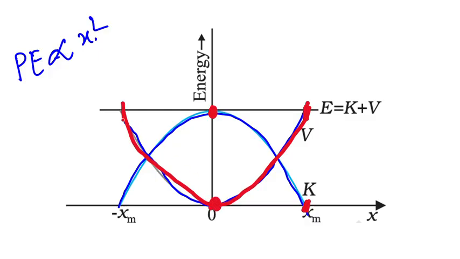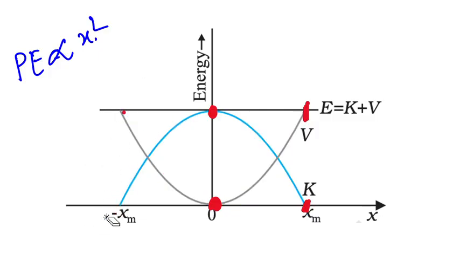The same argument applies to this side also. Here, at this point, potential energy is maximum and kinetic energy is again 0. Okay, let me clean it. So this is what this plot is showing.